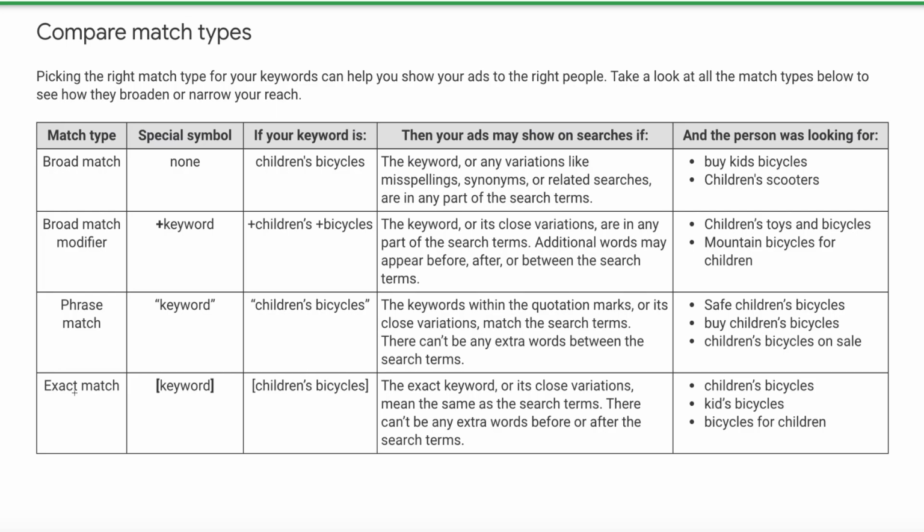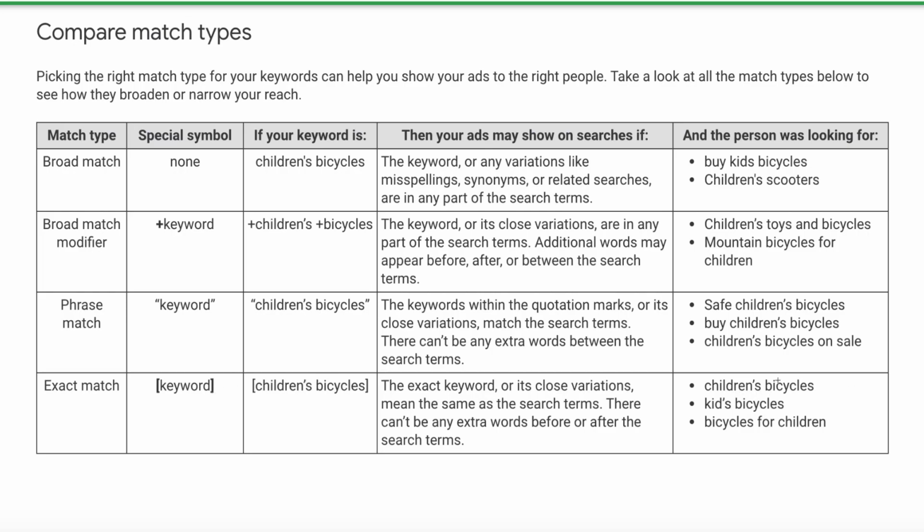And then we've got exact match. This is when you put brackets around the keyword. So with children's bicycles, I'd put brackets around this keyword, and this is going to match very close variations, and there can't be any extra words before or after the search term. However, there can be extra words in between, as long as it's a very close relationship to this keyword.